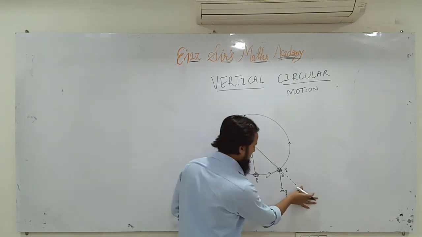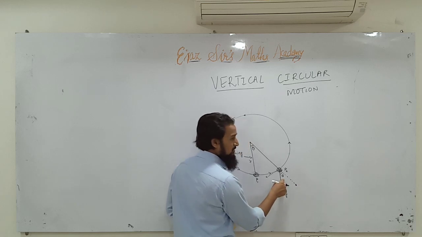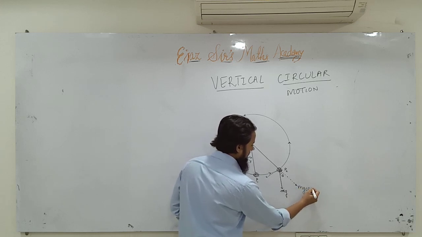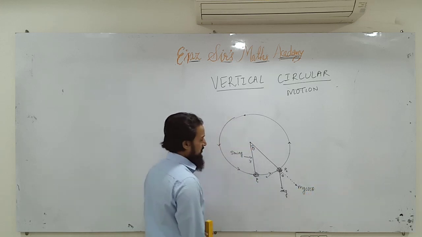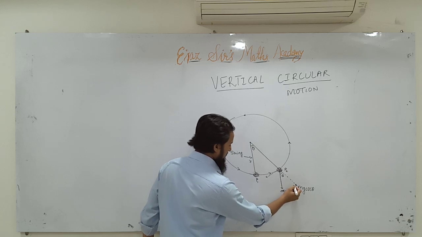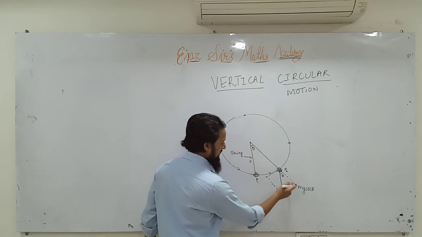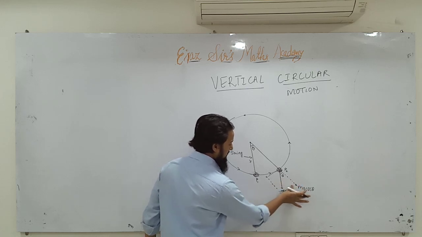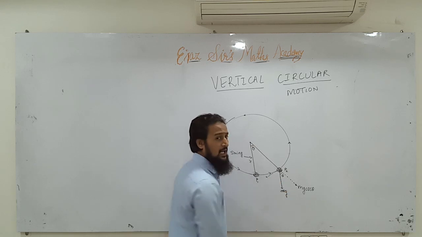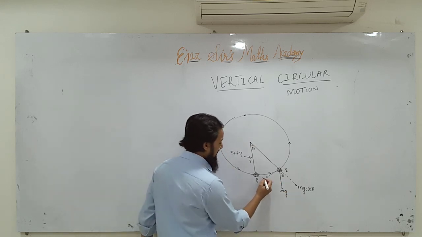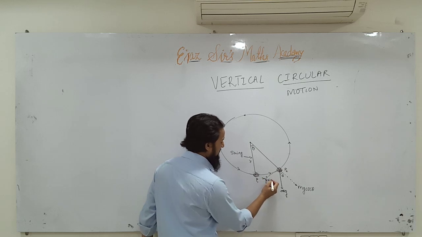In this displaced position, wherever we find theta, towards that side we have hypotenuse times cos theta. So if I do some construction like this, this will be theta, this will be 90 degrees, and this side will be mg cos theta. We have already studied it, so I do not need to explain it again and again. And this other side will be mg sin theta.